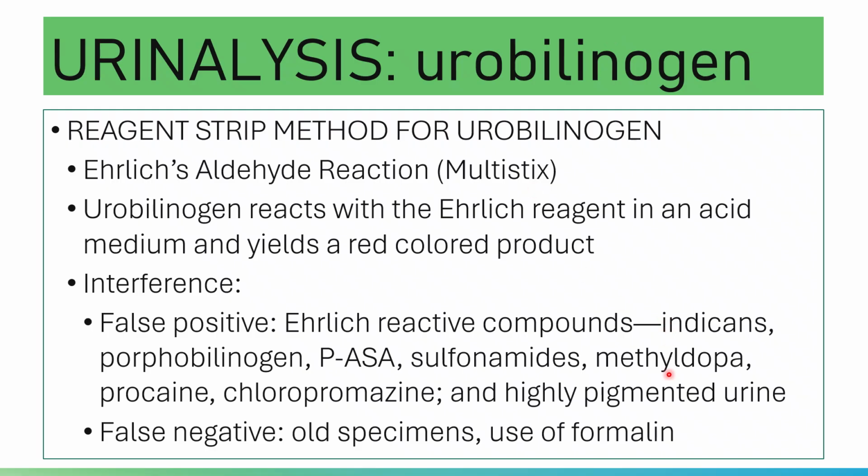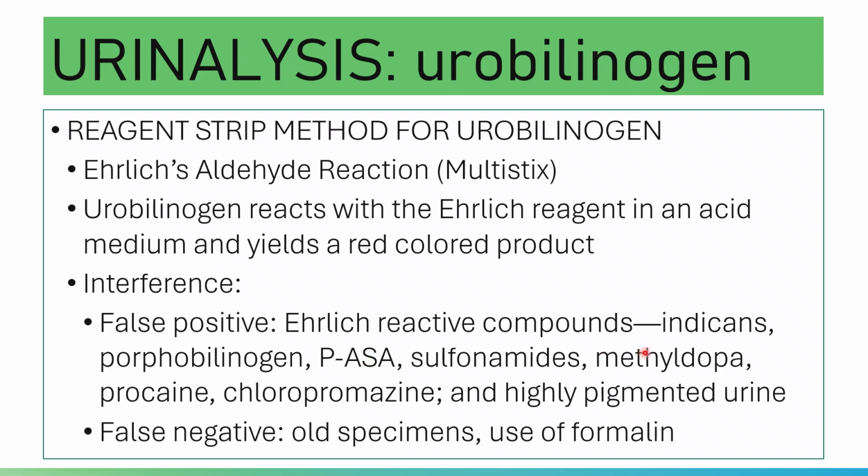Highly pigmented urine will also cause a false positive result because it will mask the color produced. This reagent strip is not a reliable method for detection of porphobilinogen.